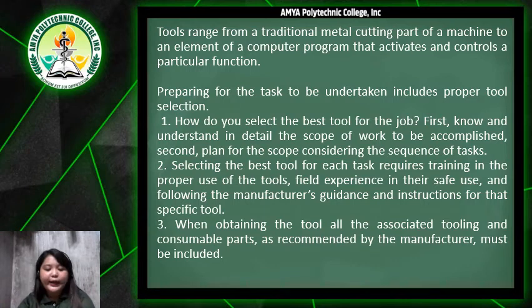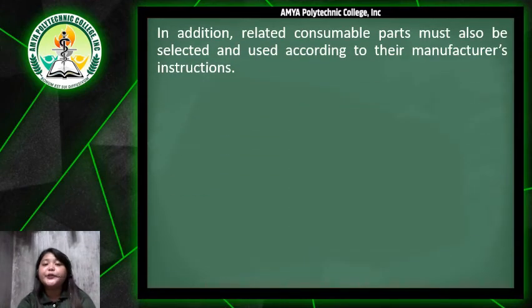Third, when obtaining the tool, all the associated tooling and consumable parts as recommended by the manufacturer must be included. In addition, related consumable parts must also be selected and used according to the manufacturer's instructions.